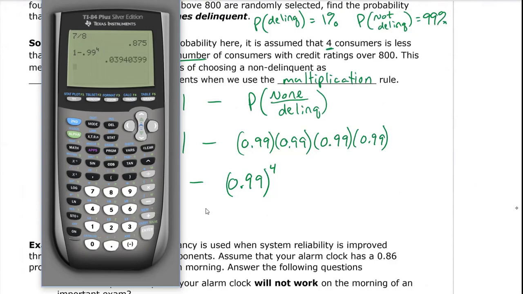And when you hit enter, this is what we get right here, 0.0394. And that's basically saying 3.94% chance. And chance of what? What are we trying to find? 3.94% chance that there is what? At least one delinquent.